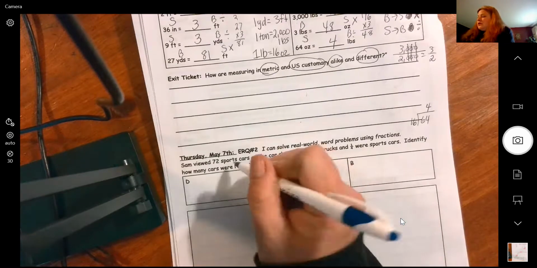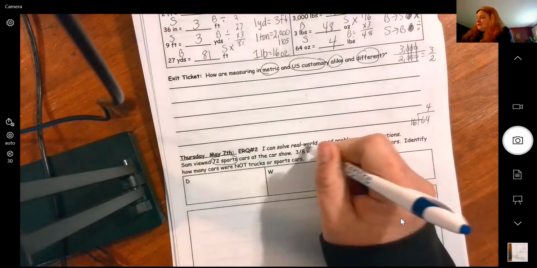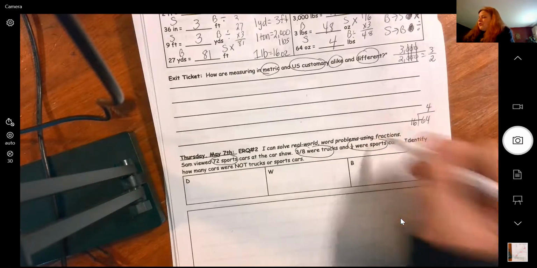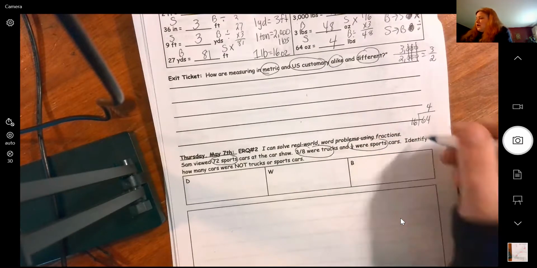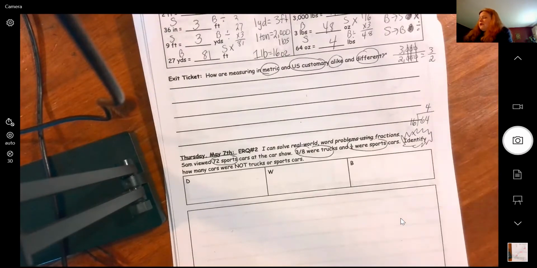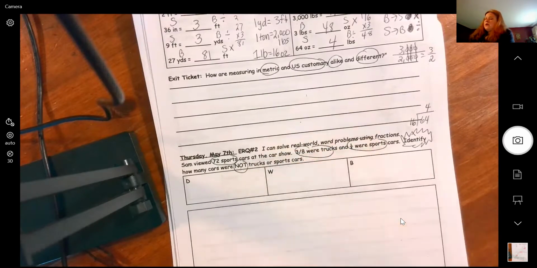Sam viewed 72 cars. 3/8 were trucks. 1/4 were sports cars. Identify, so this is just one answer, how many cars were not trucks or sports cars.